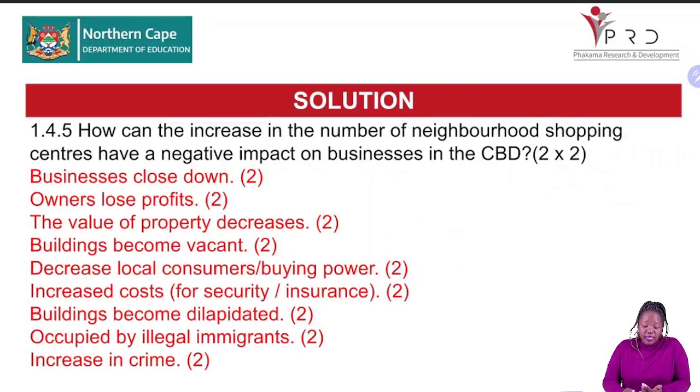Remember, if there is a decrease in the buying power, it means those businesses will be failing. And it will also lead to the building becoming dilapidated, which means it will become old and be vandalized, and there will be many illegal activities that can happen in that building.